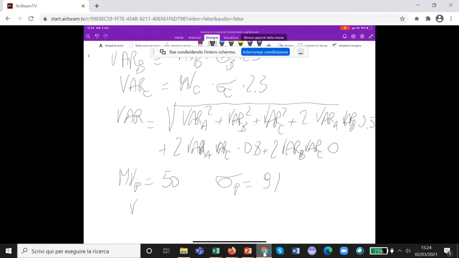So basically, you can estimate the value at risk of the portfolio simply using the value of the portfolio times the volatility of the portfolio, which is 9%, times alpha, which would be 2.3, okay? This, of course, means that you would be assuming that the distribution of the portfolio returns is normal, okay? And it's an alternative approach, okay?